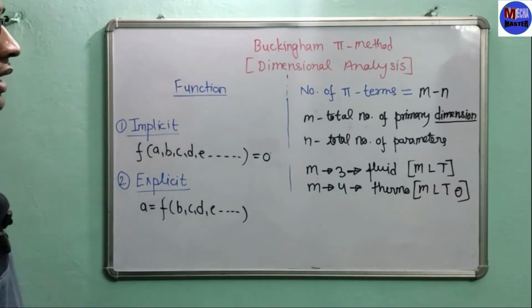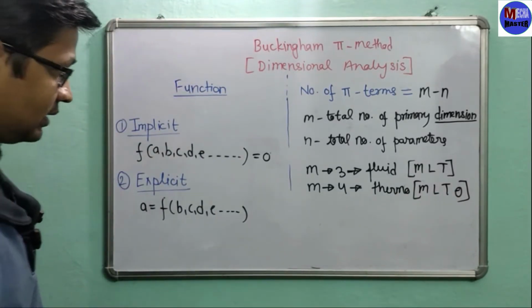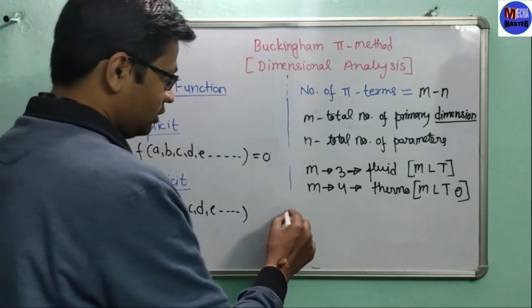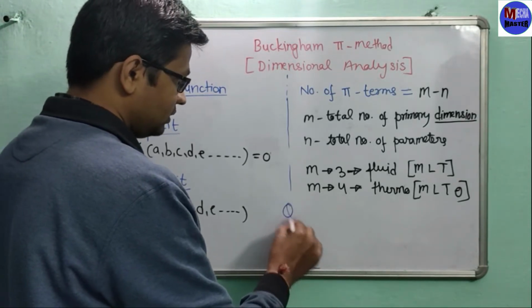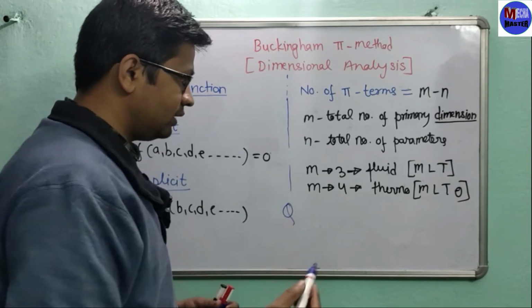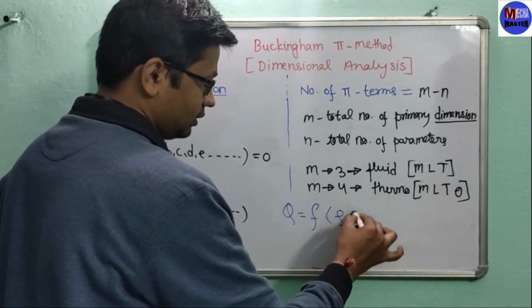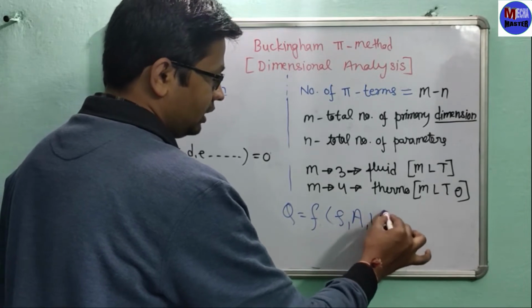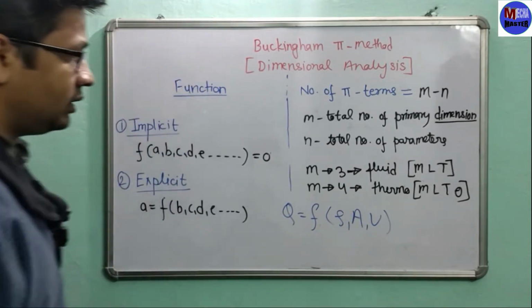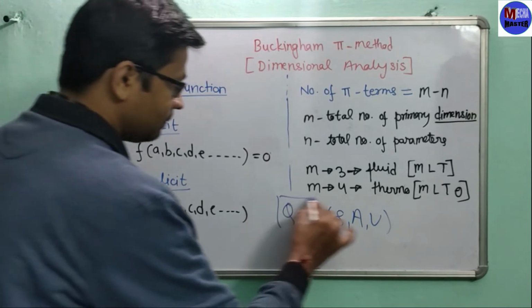Then what is the total number of variables? Suppose there is a function given, discharge, and you know very well discharge is a function of density, area, and velocity. Then what is this form of function?